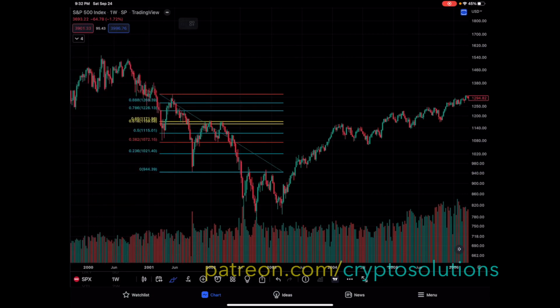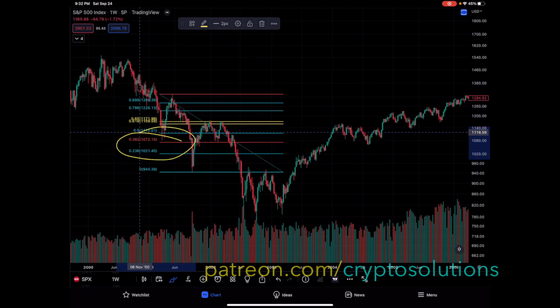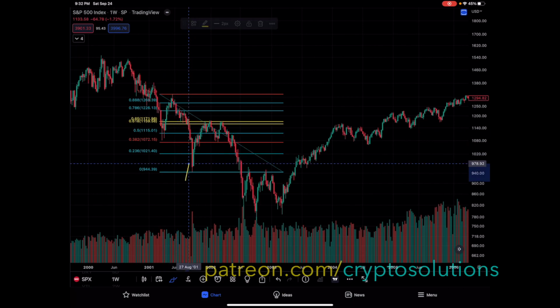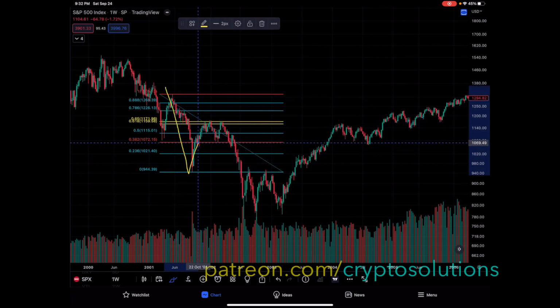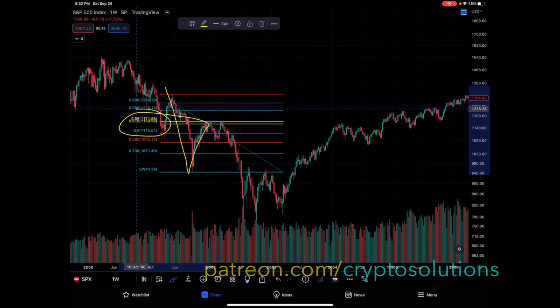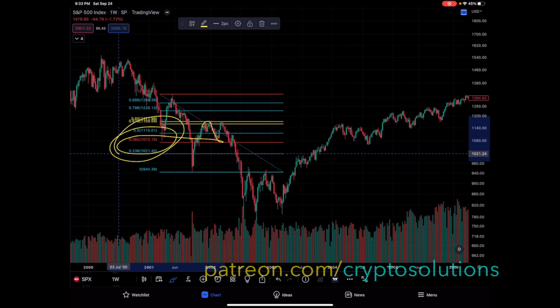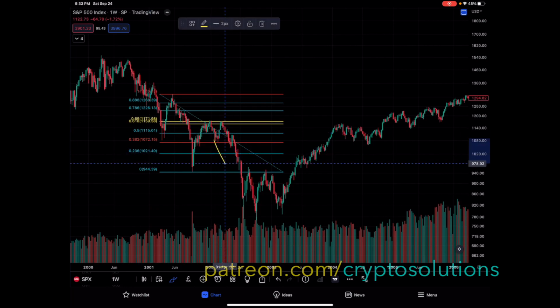And again, pullback, rejection, and you see how important that 0.382 Fibonacci retracement is to hold support when the dead cat bounce scenario is playing in, because you have the pullback, rebound around that 0.5 and that 0.618 and that 0.65 Fibonacci retracement, and after that attempt, if it can't hold that 0.382 Fibonacci retracement, then almost guaranteed it's gonna have that dead cat bounce.